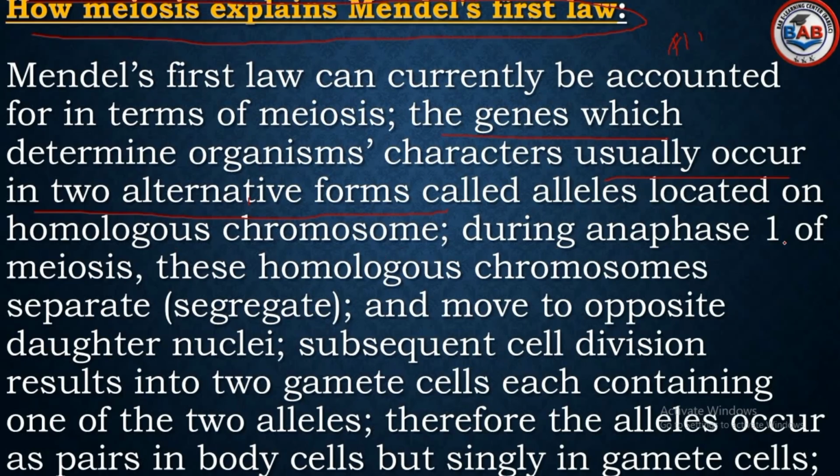During anaphase 1 of meiosis, these homologous chromosomes separate and move to opposite daughter nuclei. Subsequent cell division, that is meiosis 2, results in two gamete cells, each containing one of the two alleles. Therefore, the alleles occur as pairs in body cells but singly in gamete cells.